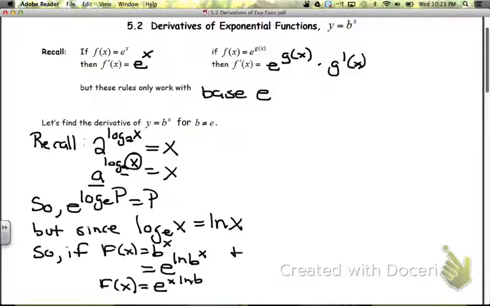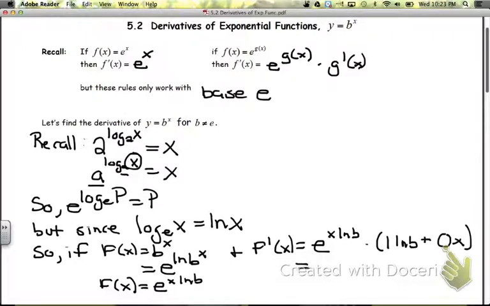And f prime of x is going to be equal to e to the power of x ln b, so this follows from yesterday, times, now we take the derivative of the exponent, 1 times ln b plus 0 times x, because ln b is just a constant.